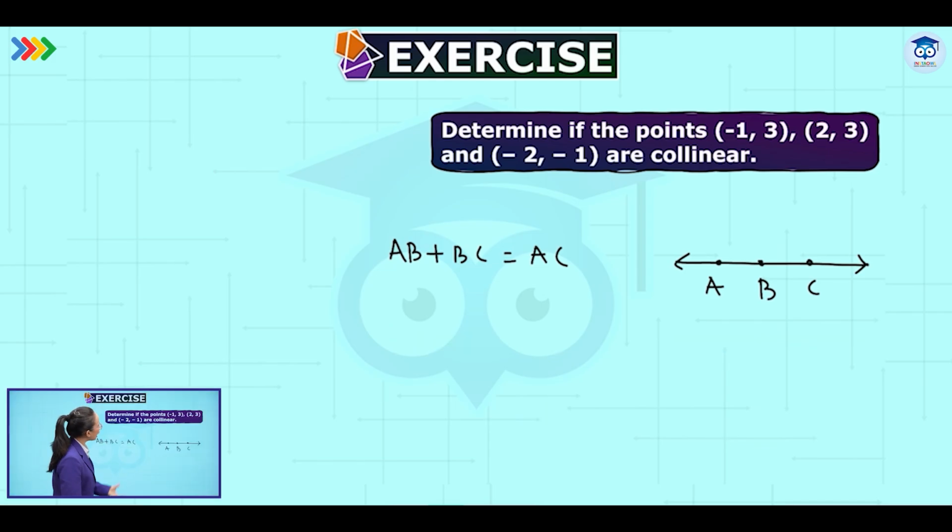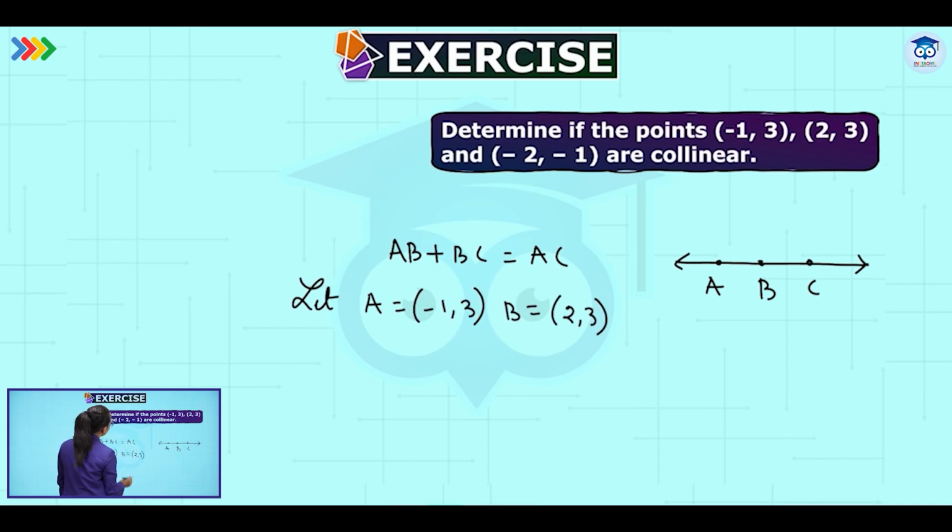So for that, we will be using the distance formula to calculate it. Let's consider A is (-1, 3), B is (2, 3) and C is (-2, -1). Let's calculate AB.